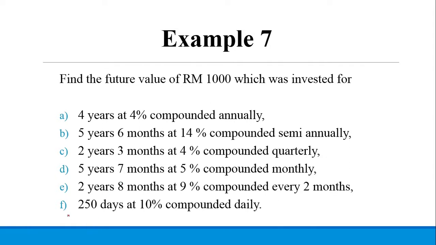Similarly, for this case, for number F, I try to find the I first. I is equal to R divided by M, which is R is 10% divided by compounded daily, which means divide by 360.